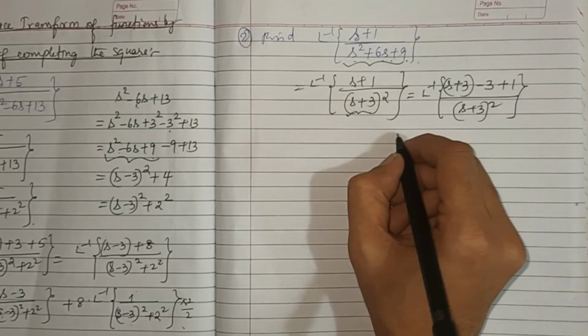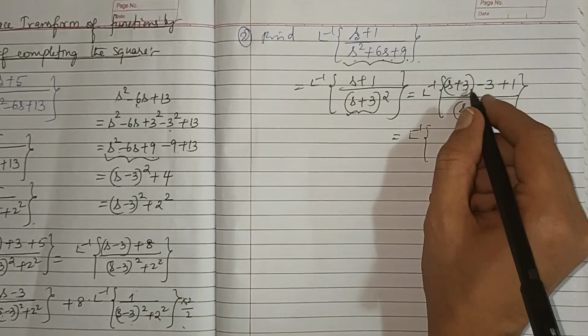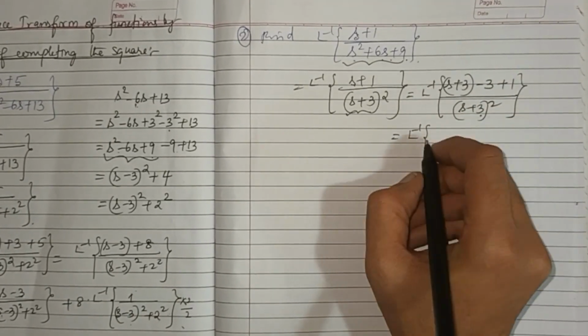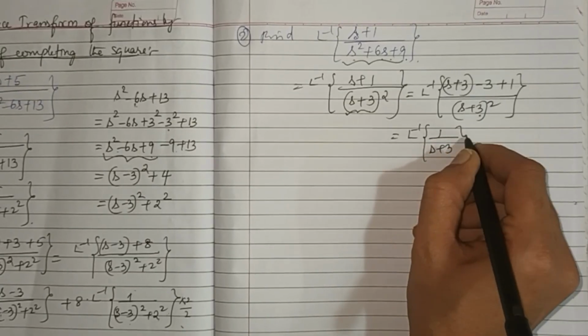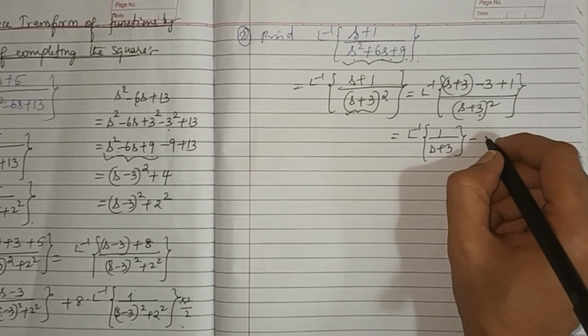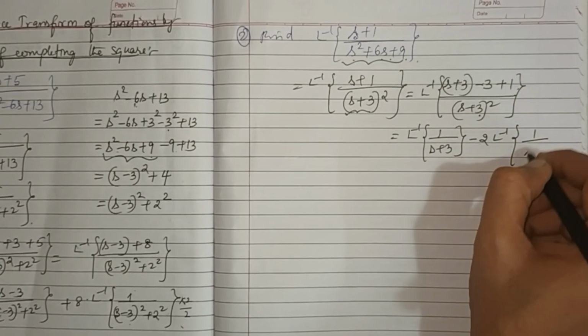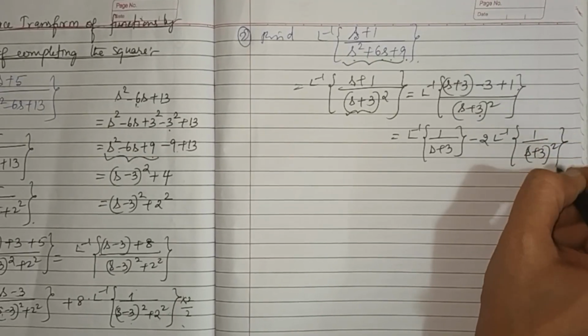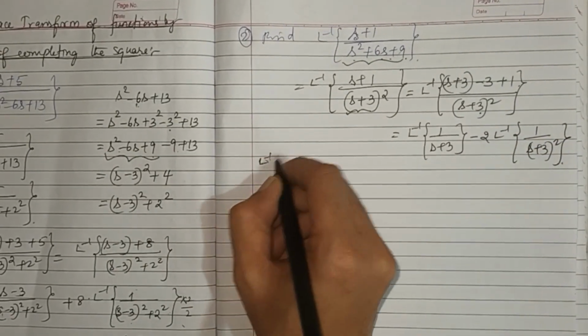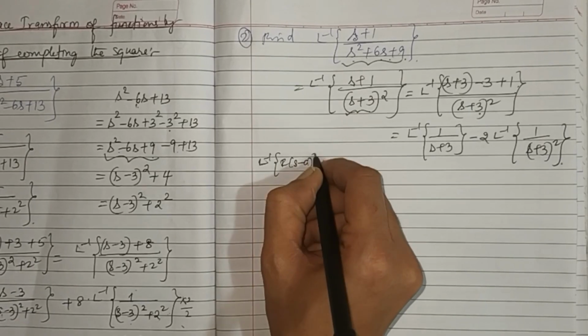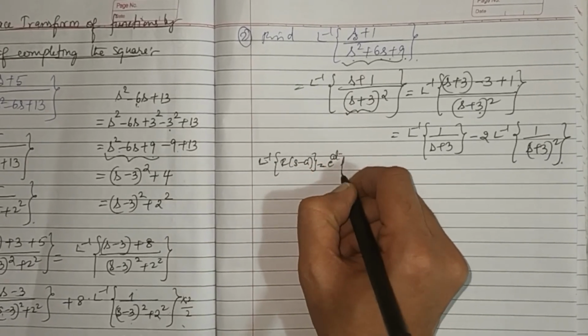So this becomes inverse transform of 1 by s plus 3, and then, since minus 3 plus 1 is minus 2, minus 2 times the inverse transform of 1 by s plus 3 whole square. As told earlier, inverse transform of F of s minus a is e power at into f of t.